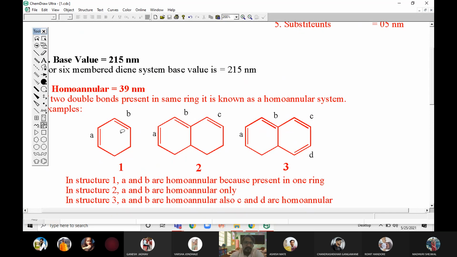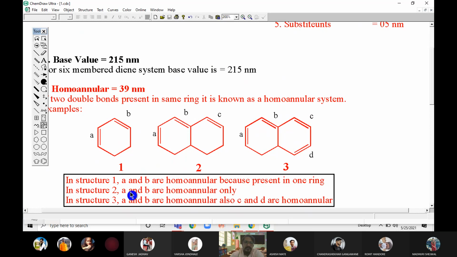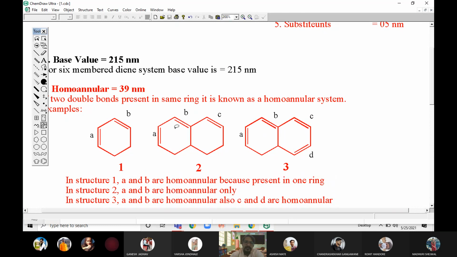What about this second ring system here? In structure 2, A and B are homoannular only. Why? Because A and B bonds are present in one single ring. What about C? C is present in the second ring, but there is no other double bond which is conjugated as well as present in this ring.